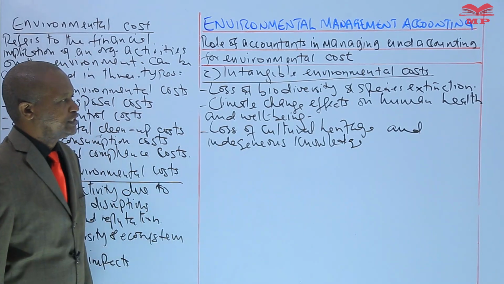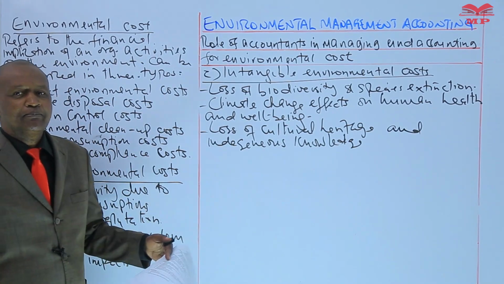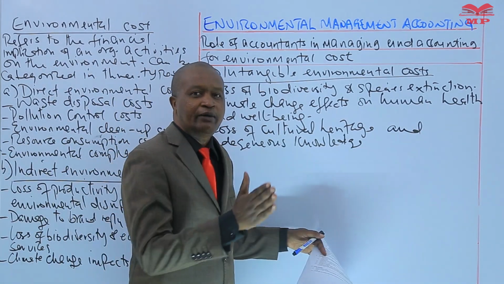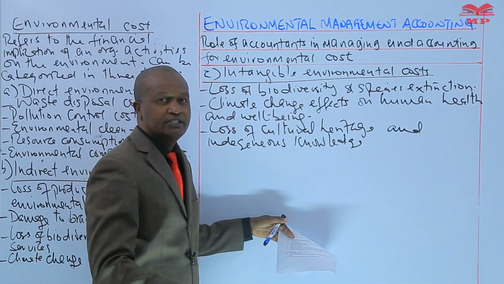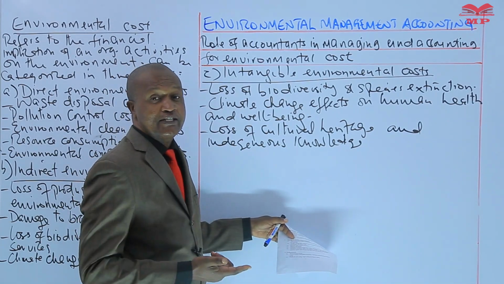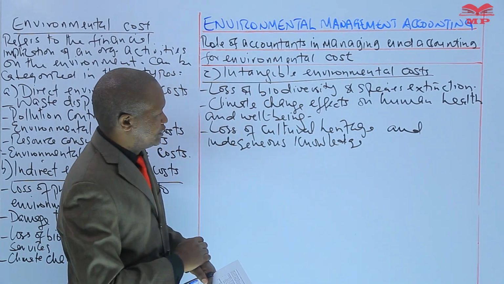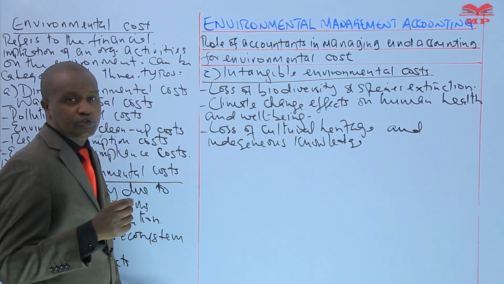Loss of cultural heritage and indigenous knowledge. This is the impact of environmental damage on cultural sites, on historical artifacts, and traditional knowledge patterns and systems. That's an intangible environmental cost.